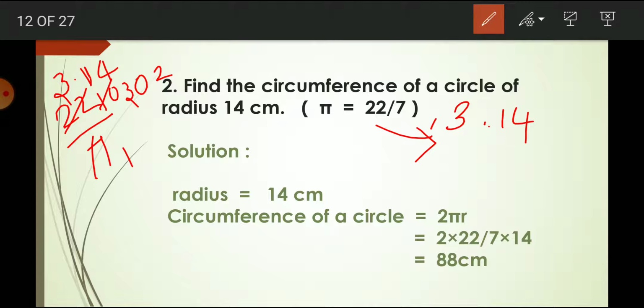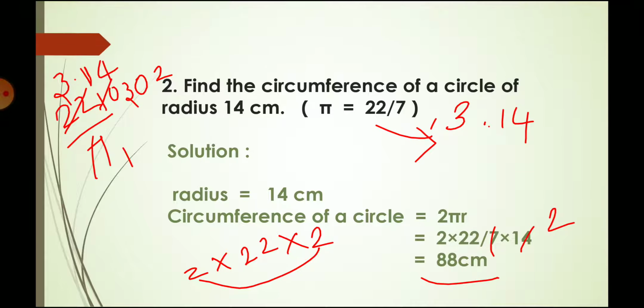The circumference of a circle formula is 2 pi r, so 2 into 22 by 7 into 14. 1 7 is 7, 2 7s are 14, so the remainder is 2 into 22 into 2. 2 2s are 4, then 4 into 22, that is 88 centimeter.